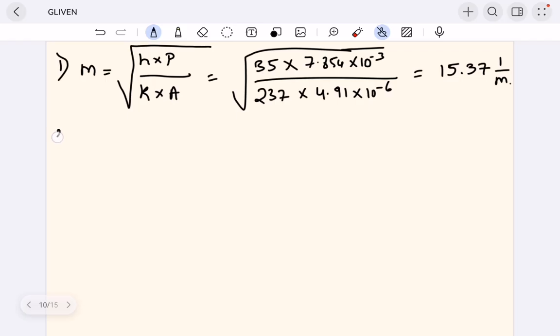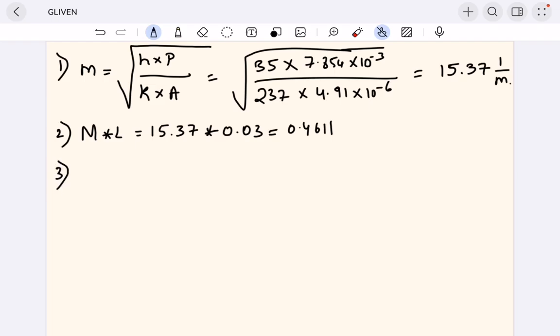Then step 2, we are calculating the product of m times L, that is 15.37 times 0.03. We get something about 0.4611. Then we are going to calculate the efficiency of the fin. So the efficiency of the fin is tanh, that's the hyperbolic function, mL divided by mL.